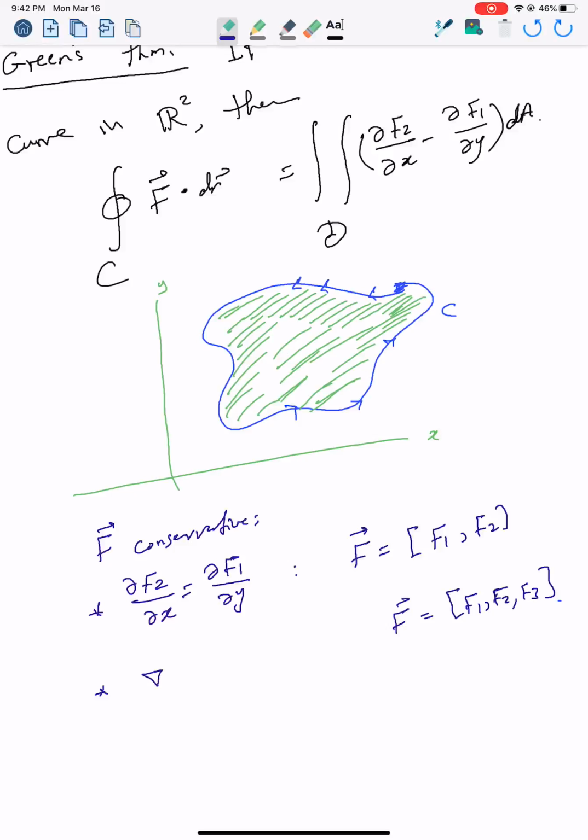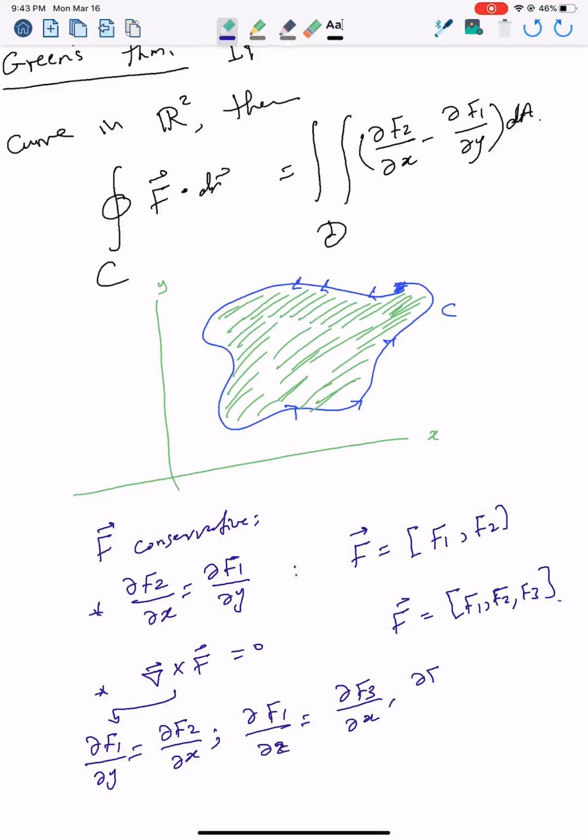Remember, it was about the curl being equal to 0, and if we recall things together, it meant that the derivative of f1 with respect to y is equal to the derivative of f2 with respect to x, the derivative of f1 with respect to z is the derivative of f3 with respect to x, and the derivative of f2 with respect to z is the derivative of f3 with respect to y. Remember, this is the meaning of a conservative function.